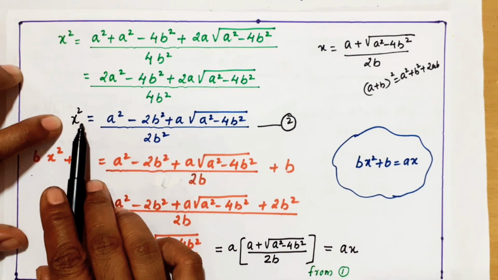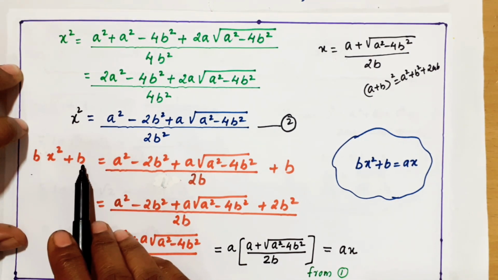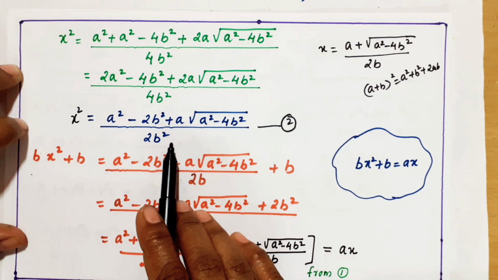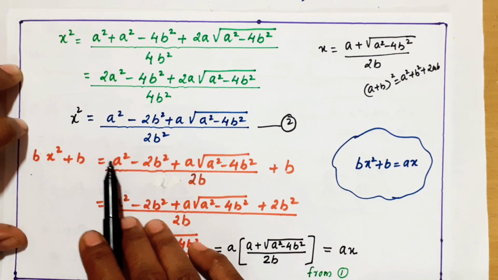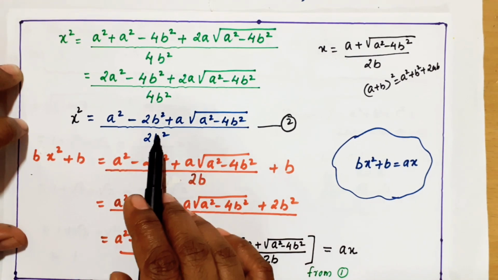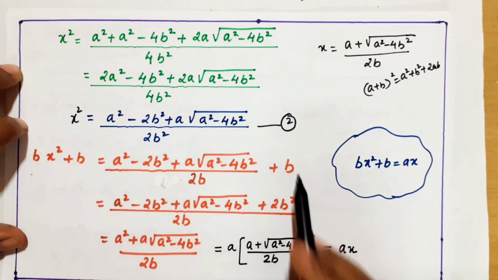Understood? In this equation, I need to make it bx square plus b on the left side. It means the right side also we have to multiply with a b, because this full term is x square. So multiply with a b. This b and 1b square, 2b square was there, 1b, b cancelled. So the denominator is only 2b plus b.